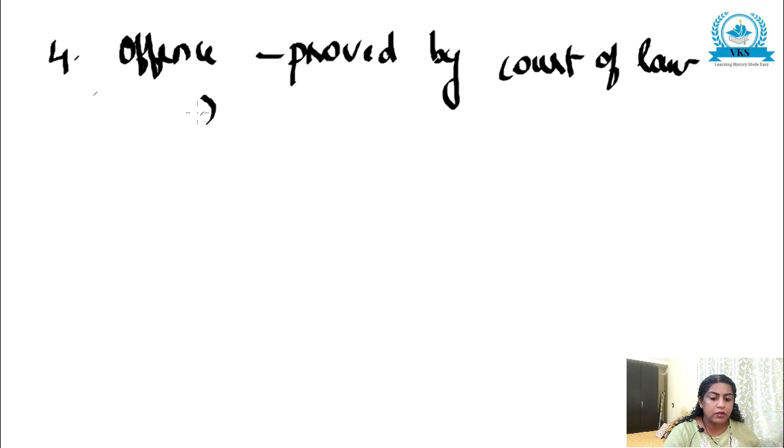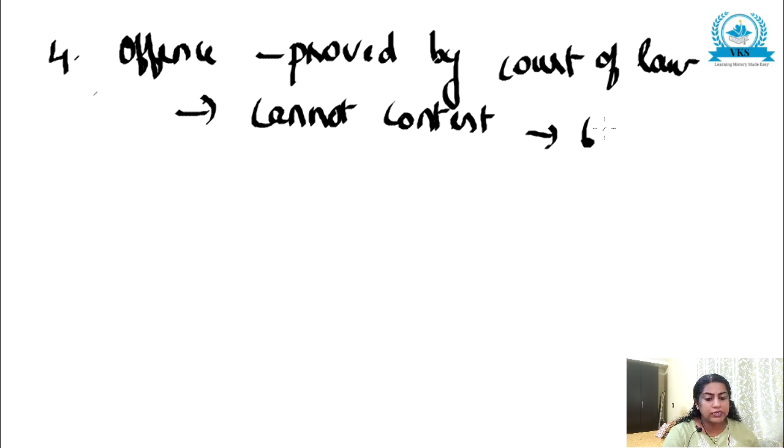They cannot contest the election for a period of 6 years. So all these 4 points are the disqualifications in which a criminal antecedent is given and they cannot participate in the election.